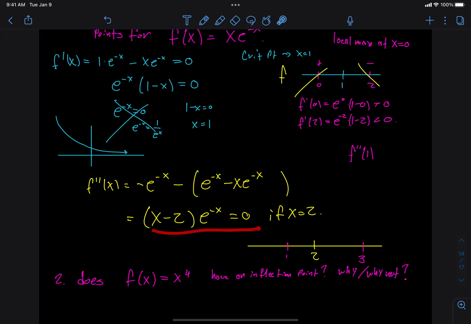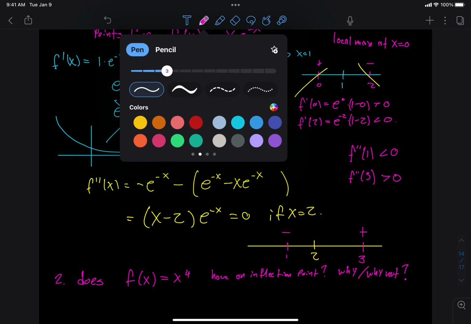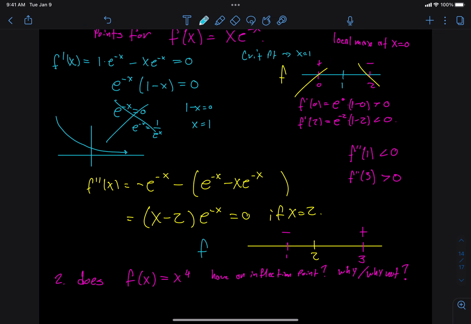If we did 1 in here, we would get something negative. And if we did f double prime of 3, positive times positive is a positive. So f double prime goes from negative to positive, therefore the function f itself goes from concave down to concave up. So yes, x equals 2 is an inflection point.